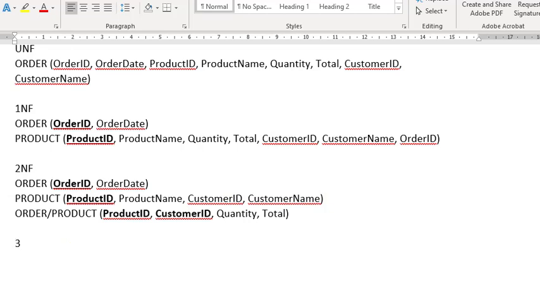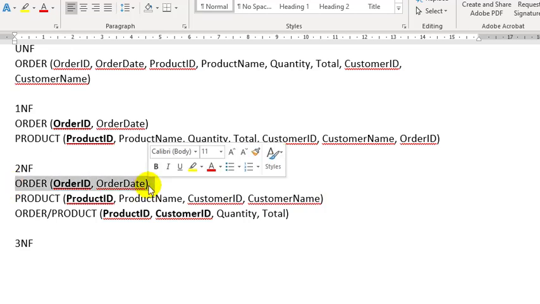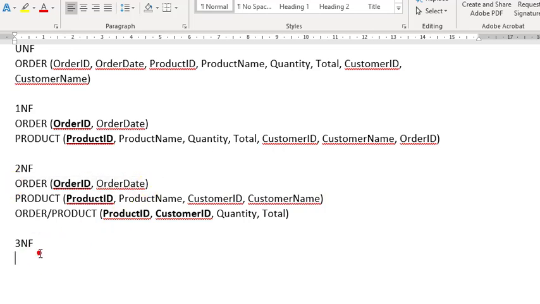For the third normal form, we have to identify the transitive dependency. So what is the transitive dependency? In this case, it is the relationship between non-key attributes that can be explained without the primary key. In order, there is no transitive dependency, since there is only one non-key attribute. How about the product?